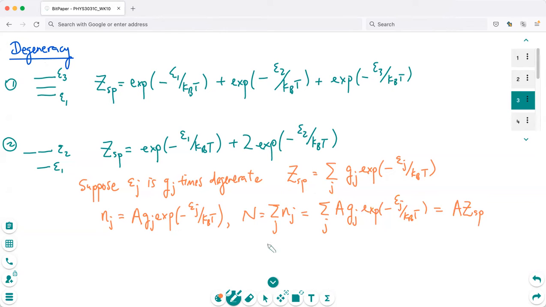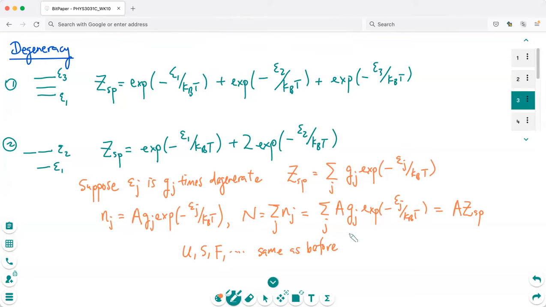And therefore the message is this: all these expressions, U, entropy, Helmholtz, whatever, they are all the same as before. So the idea is you modify your ingredient before you plug it into the sausage machine.